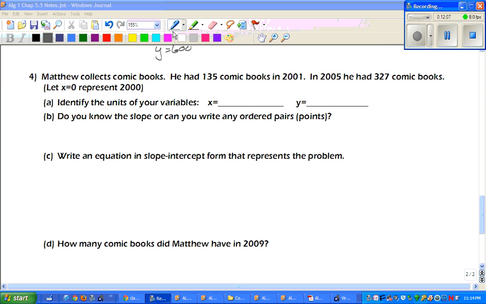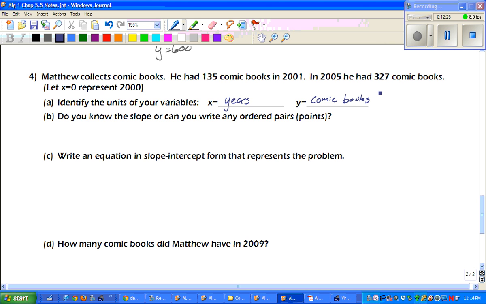So, going through this, x is going to be your time, so that's years. And y is going to be the comic books. So if 0 is 2000, this number is really 1, and this number is really 5.